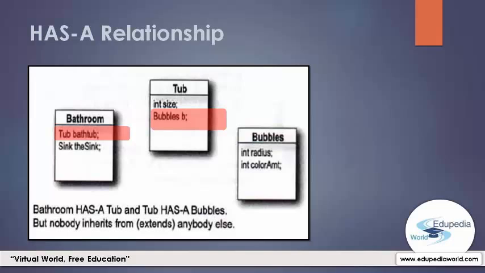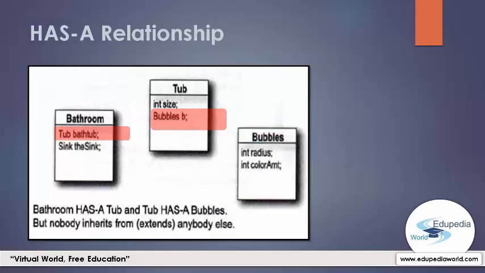This illustration shows you how has-a relationships should be designed. Here we have three classes: bathroom, tub, and bubbles. Bathroom has a tub. That means the bathroom class has a tub instance variable. And tub has bubbles. That means the tub class has a bubbles instance variable. But nobody inherits from anybody else.